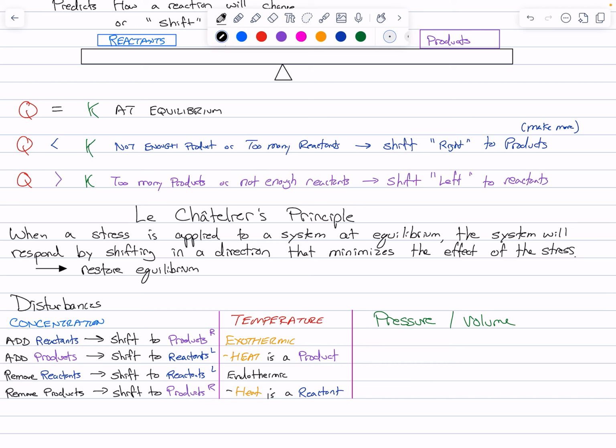So if we lower the volume, or increase pressure, a lot of times they're related. If I have a container and I reduce the size of the container, the pressure is going up in the container. It's like if you squeeze a balloon. So if we lower the volume, we increase the pressure.